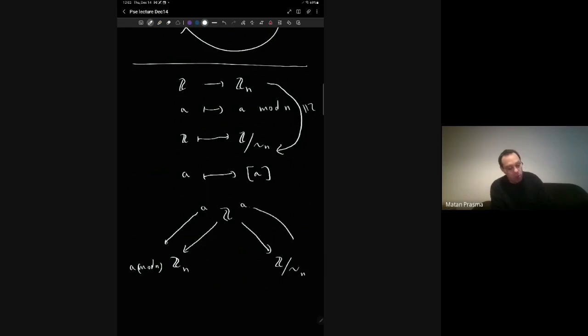This is called the quotient map. This goes to A, and I also said that there is an isomorphism from here to here. It basically takes A to the equivalence class of A, right?